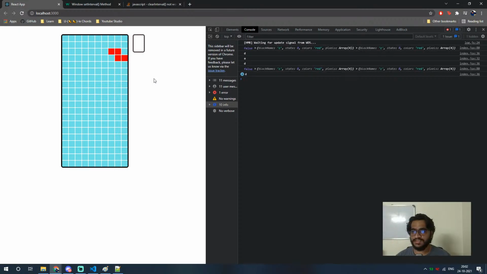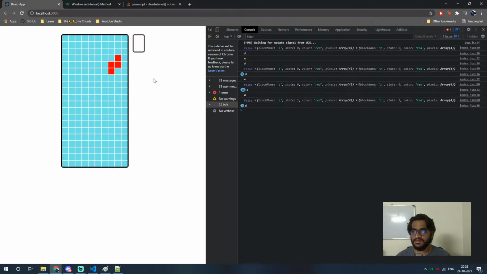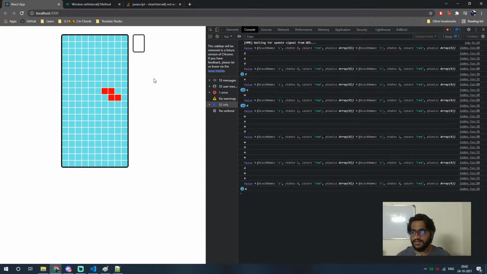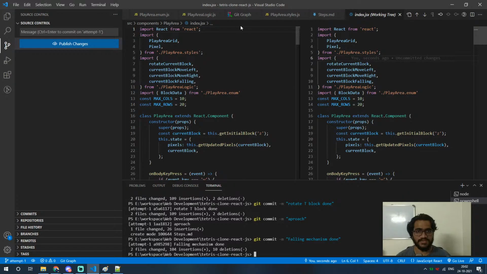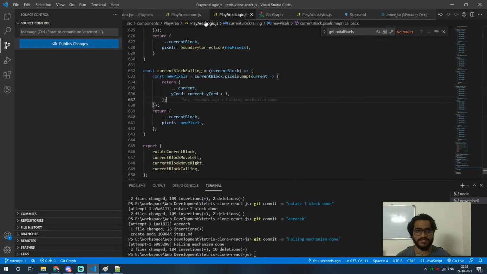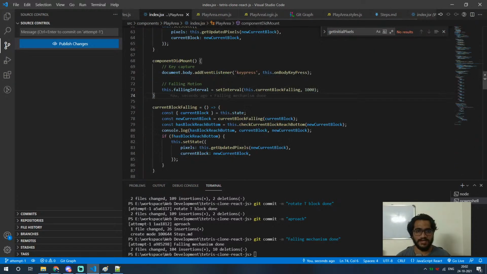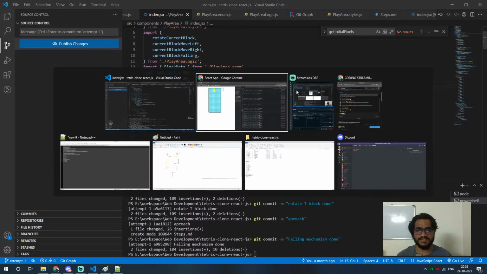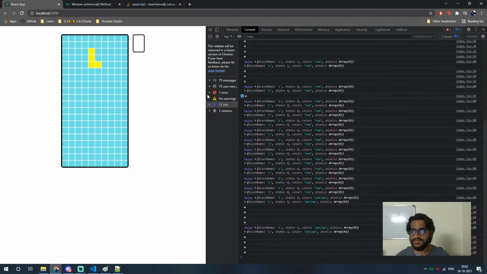Let me just check it with other blocks too. What I mean by checking is I just want to see them work with other blocks also.